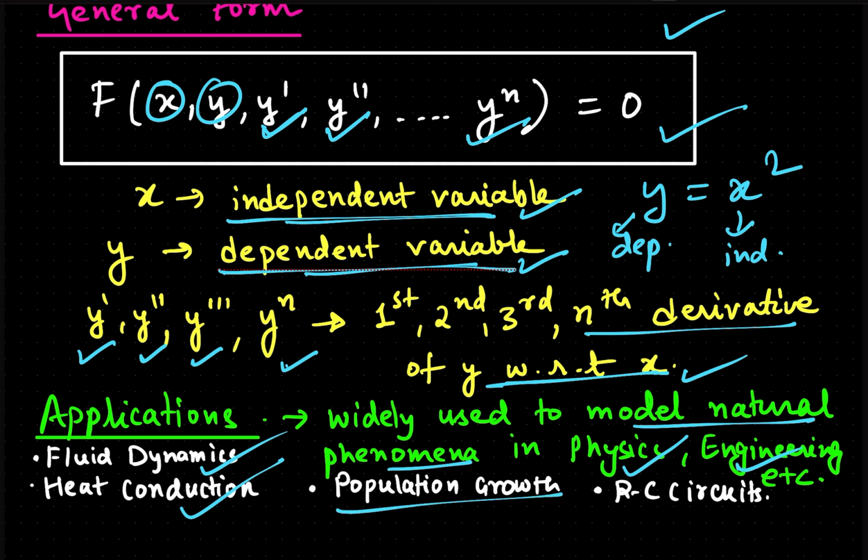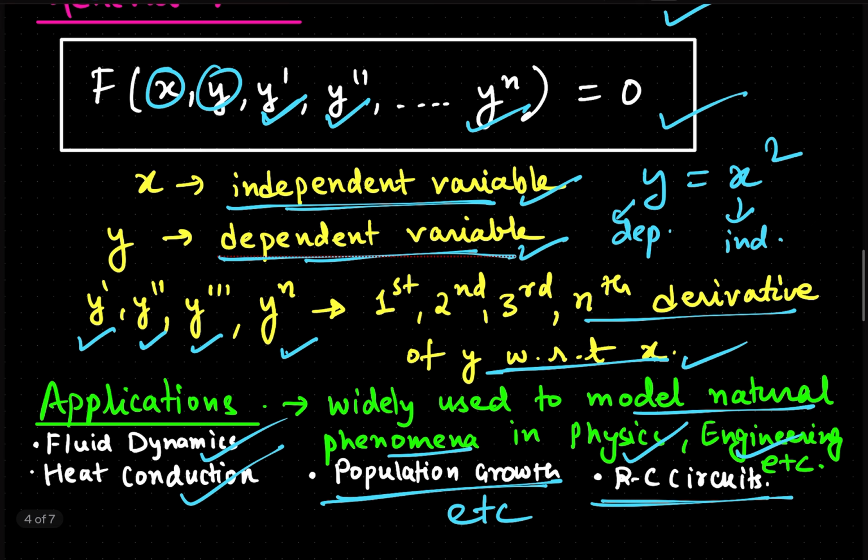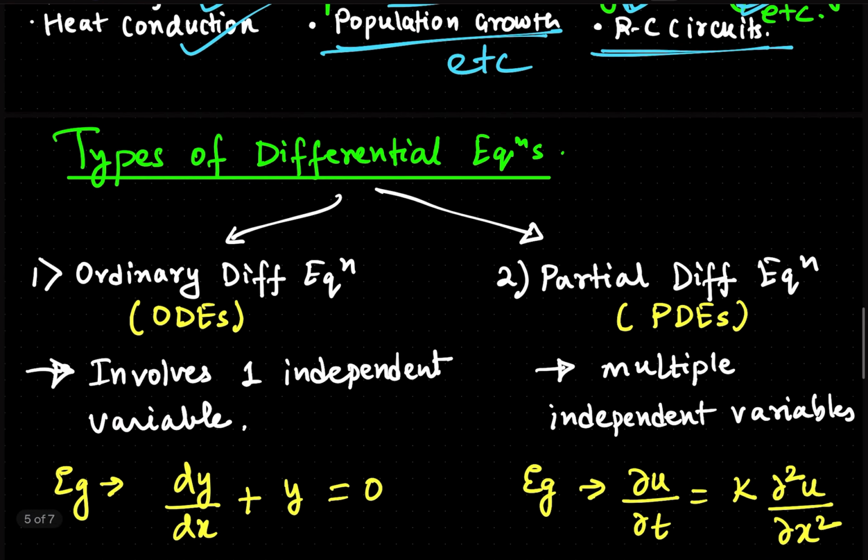Then in population growth, in chemical kinetics, and in electrical engineering, such as RC circuits, and many more. It is endless. So differential equations are used to model natural phenomena in physics, engineering, and most other places also.